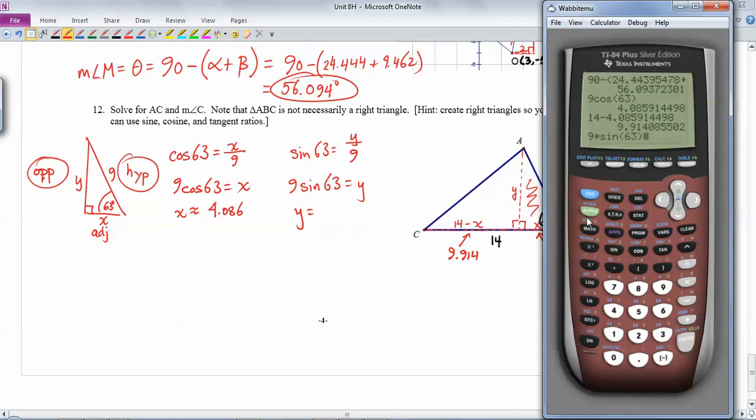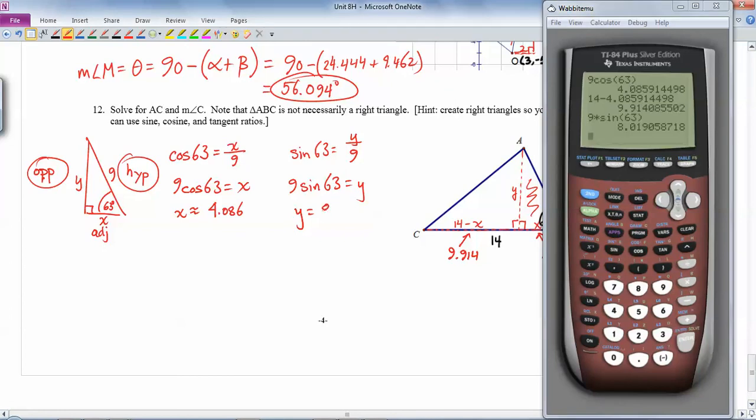By the way, my calculator is already in degree mode. If you're getting answers different from this, make sure you switch that radian to degree. Okay, 9 sine 63 will be 8.019 roughly.